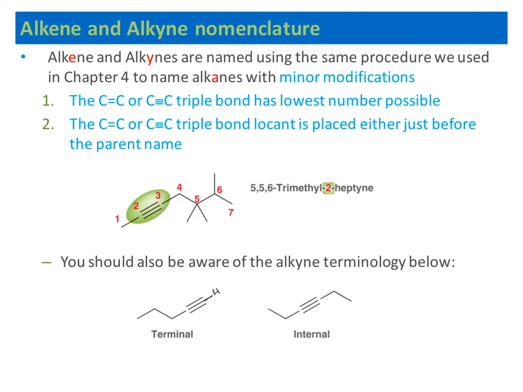Okay, so the terminal alkyne is one of the useful alkynes because with a base we can deprotonate this carbon and convert the alkyne to a good nucleophile and do a lot of reactions with it. However, the internal alkynes lack that hydrogen, so we have alkyl groups connected on both sides of the triple bond.